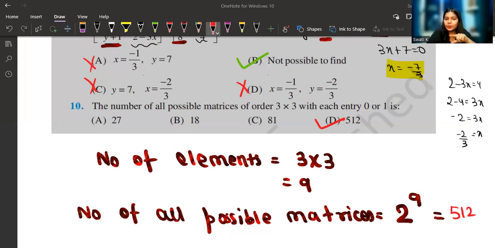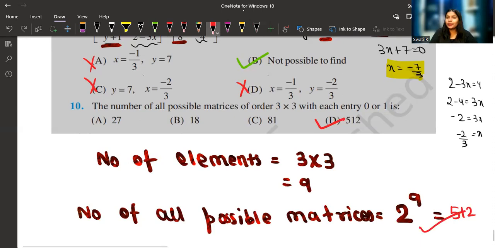That is why the number of choices that we are making for each element is basically 2, either 0 or 1, and then the total number of possible elements is 9. So the total possible arrangements. We can also compare this to permutation and combination, because combination is basically like in how many ways we can arrange, right? So that is why it is 2 raised to 9, which is 512, and that's the answer.